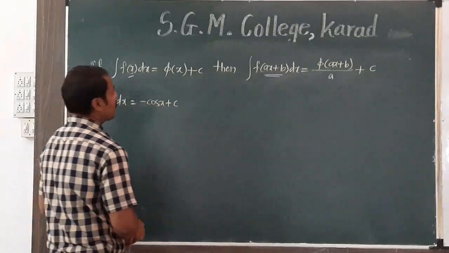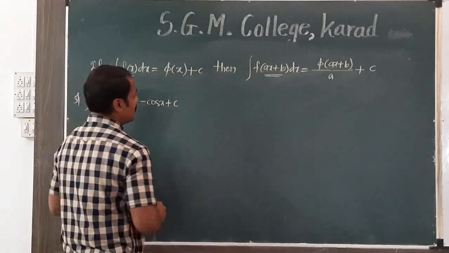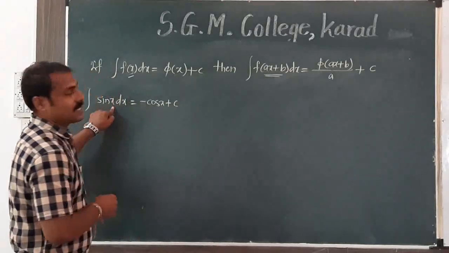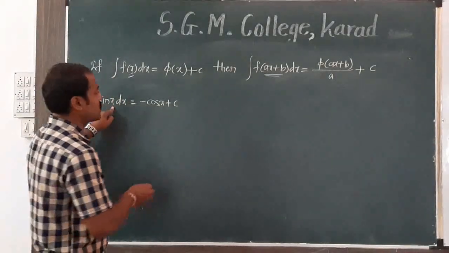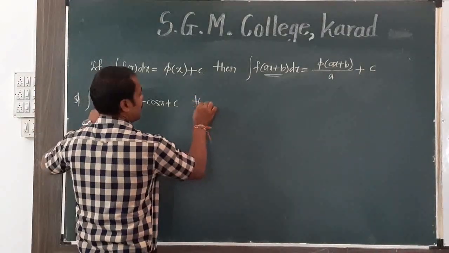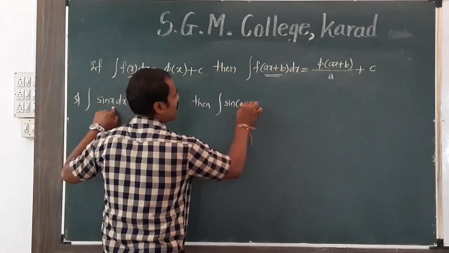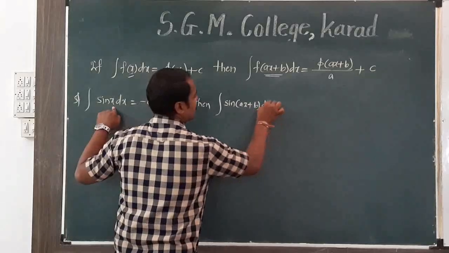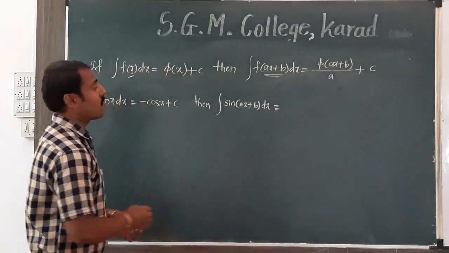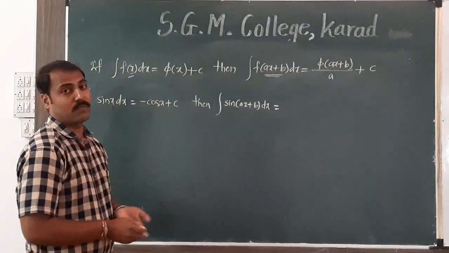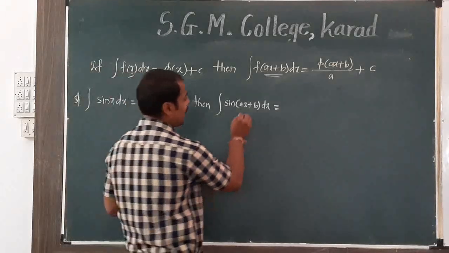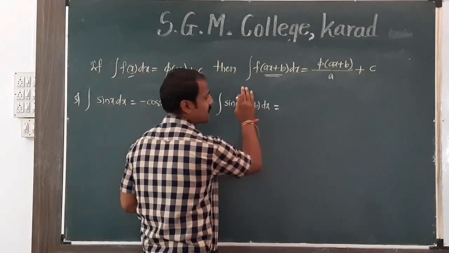By the corollary, if we replace x by ax plus b, we get integration of sin of ax plus b dx. Consider ax plus b as x.